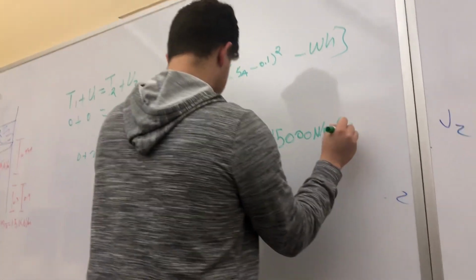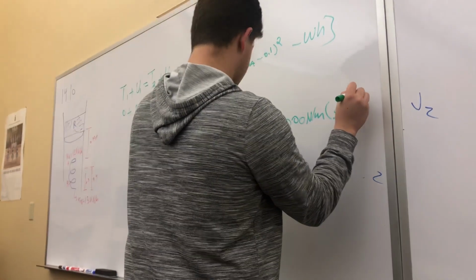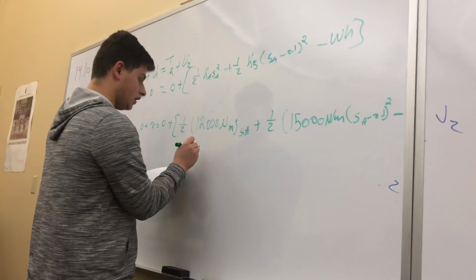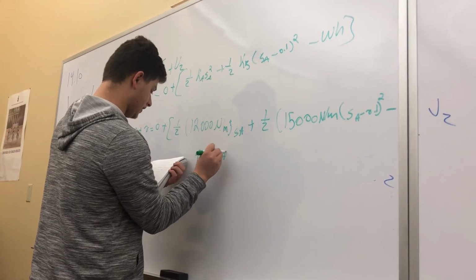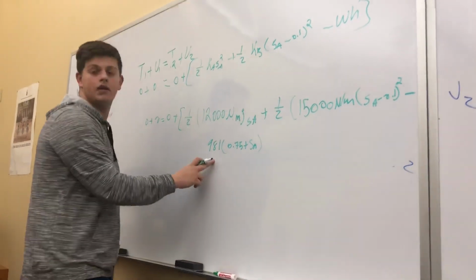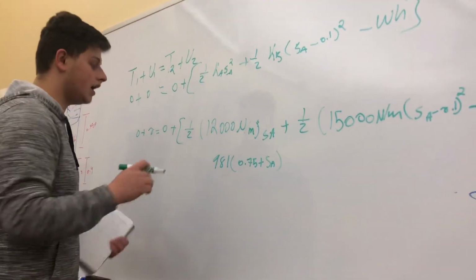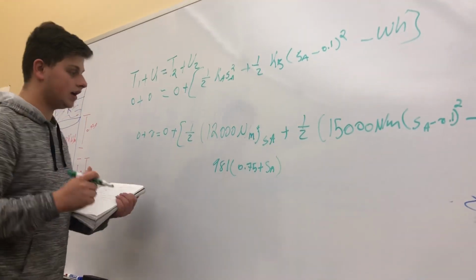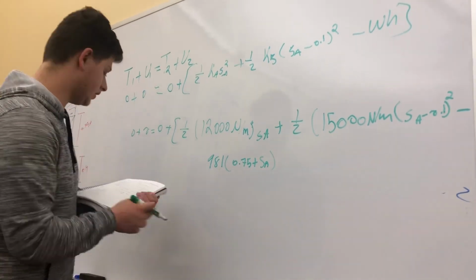And then you've got the S_A minus 0.1 meters squared minus 981 times 0.75 plus S_A. The 981 came from our gravity, which is 9.81, and we just multiplied it by 100.